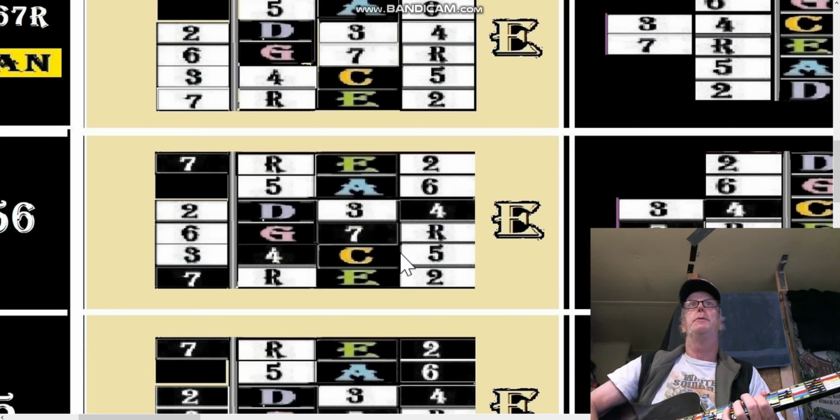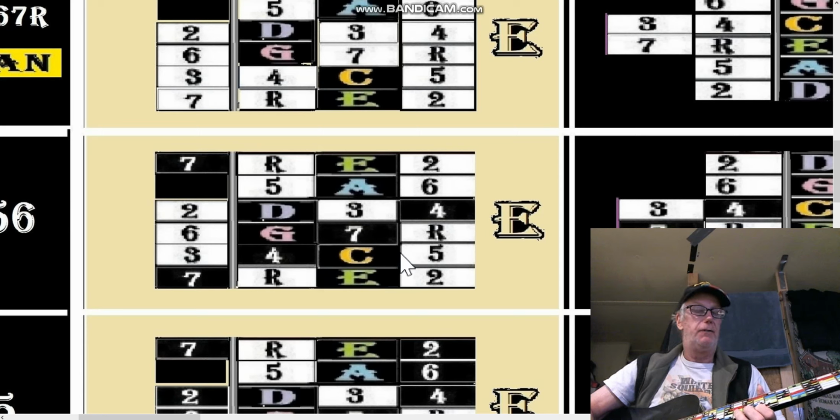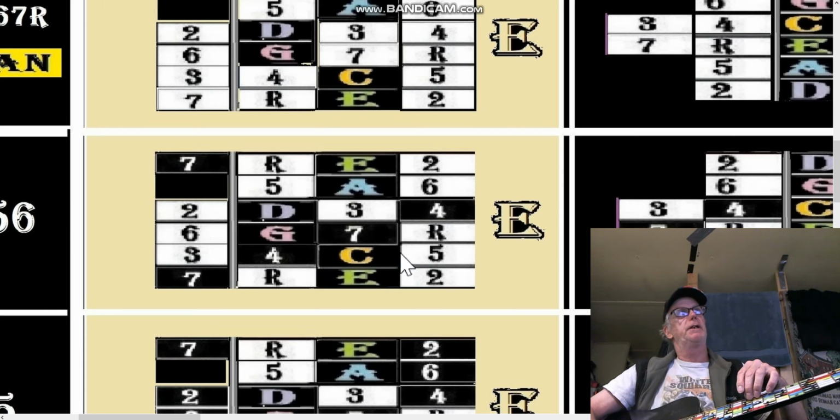So it'd still be root 2 3 5 6 root. Then we go again to 2 3 5 6, and there's our A shape. Remember, when you're starting on a new string, you go up and play the 4th pentatonic.